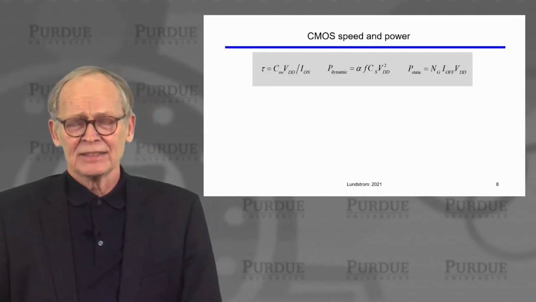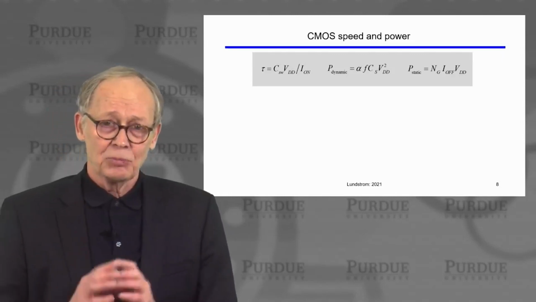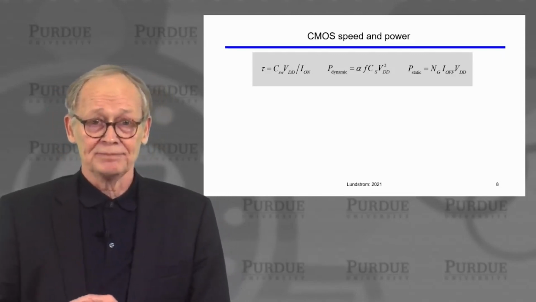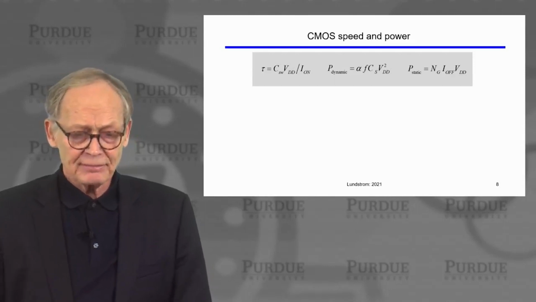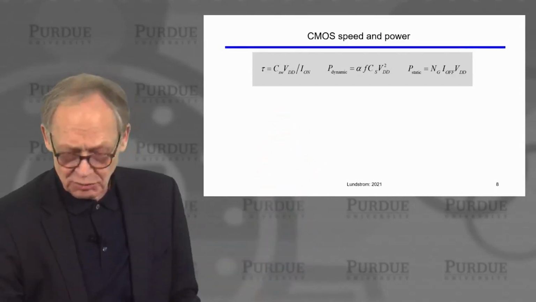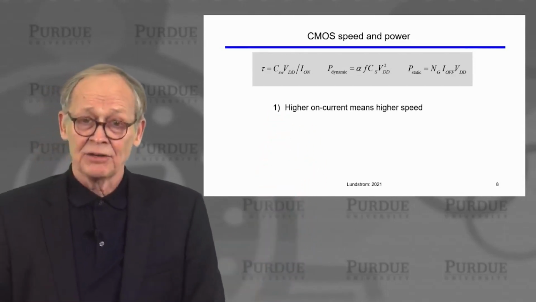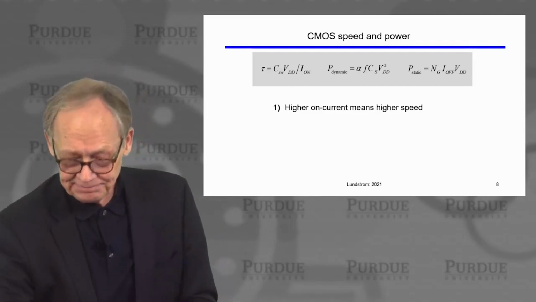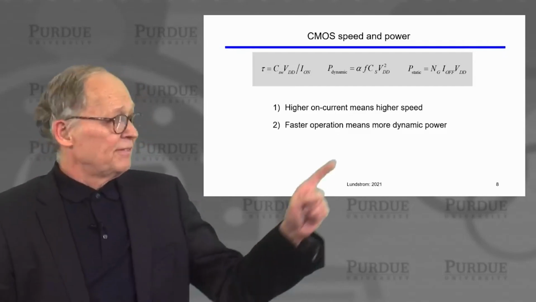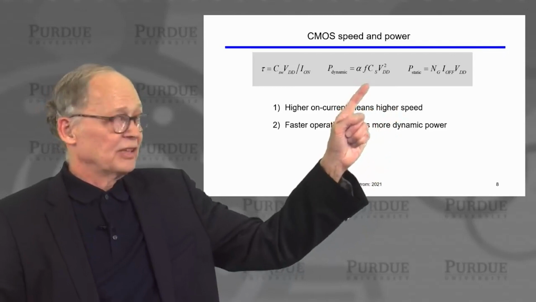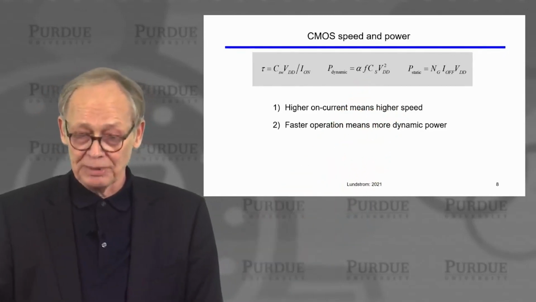So the main points that you want to remember about CMOS circuits are that on current controls the speed. Higher on currents mean higher speed. Faster operation, the frequency, means more power dissipated.